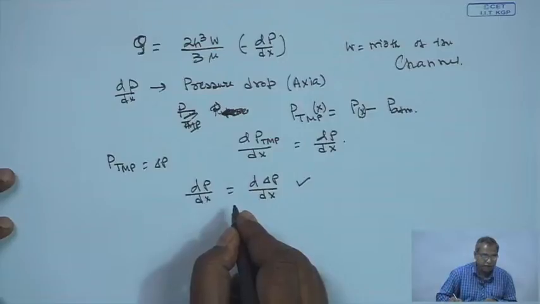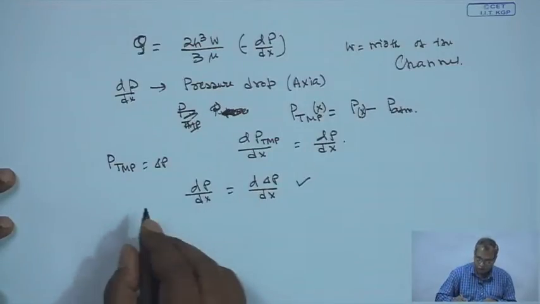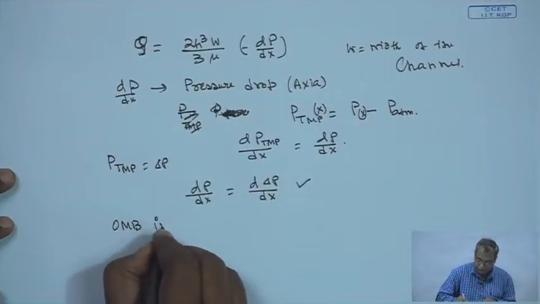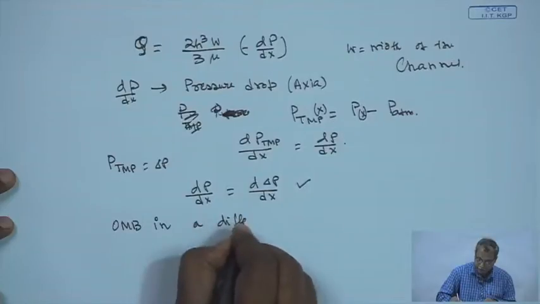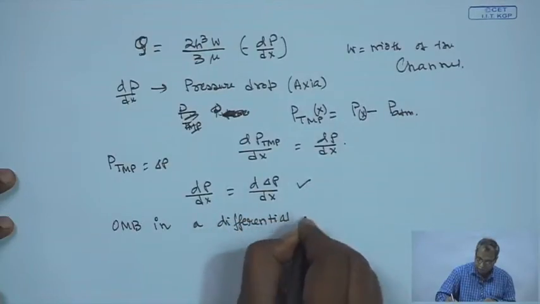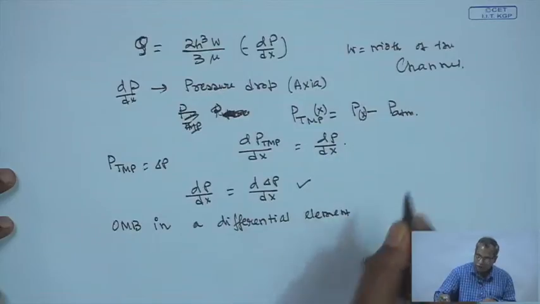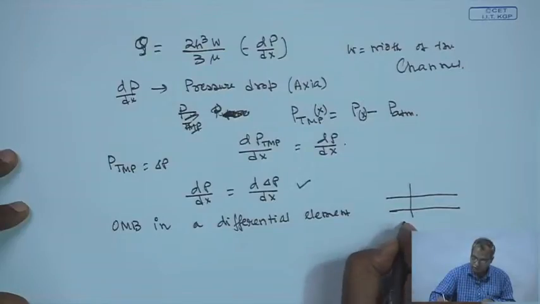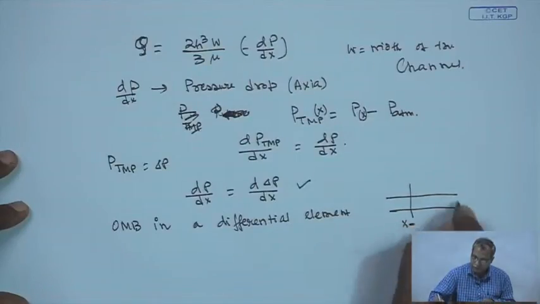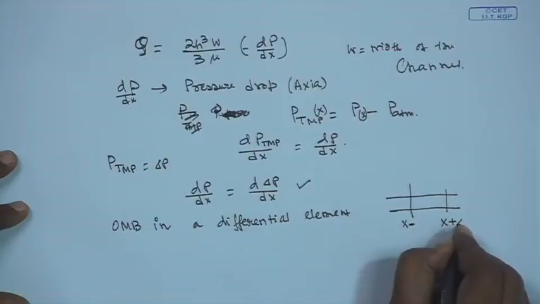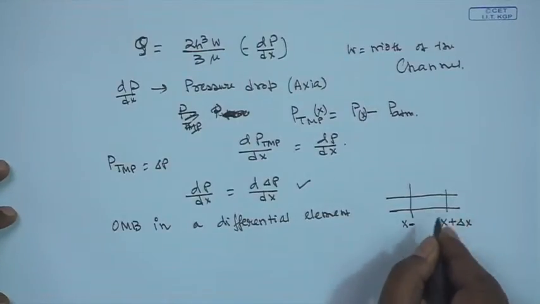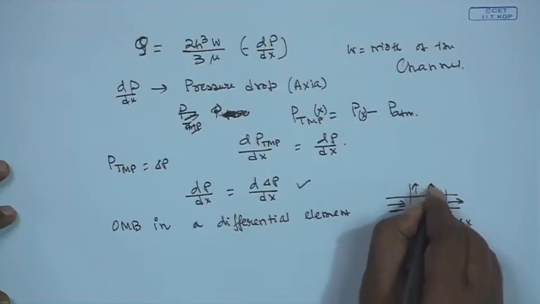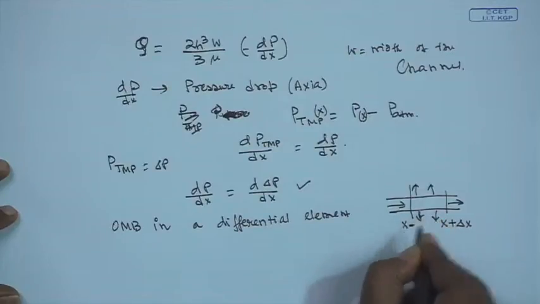Okay. Once we identify this, we can write down the overall material balance in a differential element of the channel. Suppose this is the channel, and we are talking about a cross section located at x and another cross section located at x plus delta x. So, we have total material going into the system, total material going out of the system, and total material going out through the wall because the membranes are there.